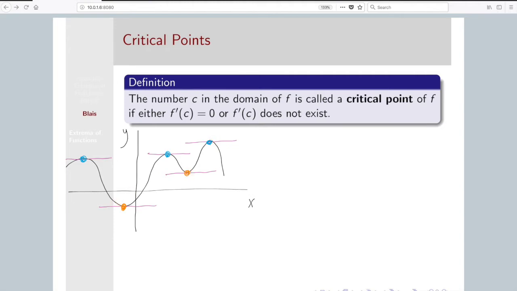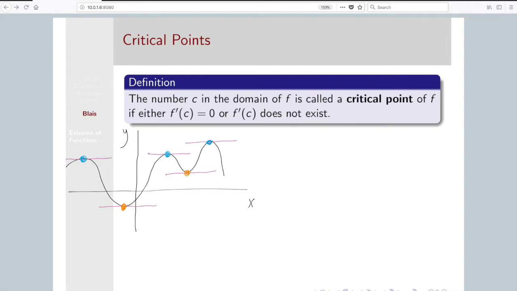Remember, we have a theorem that says at any local extrema of a differentiable function, the tangent line is horizontal. That means if we want to find local extrema of f, we need only find the points where the tangent line is horizontal, or where f prime is equal to 0.